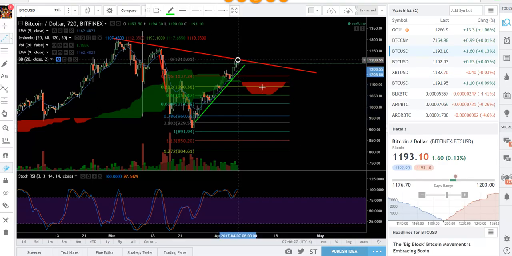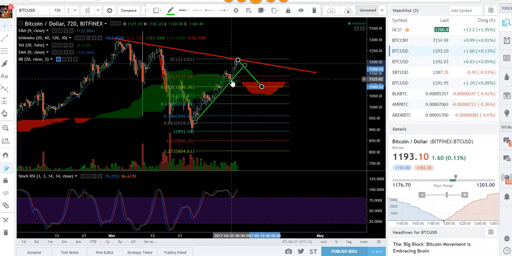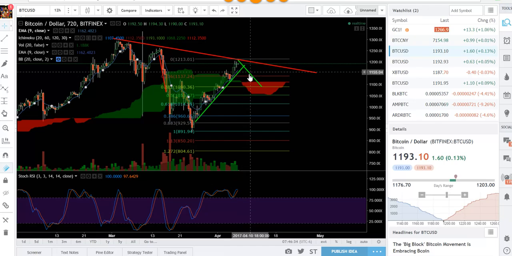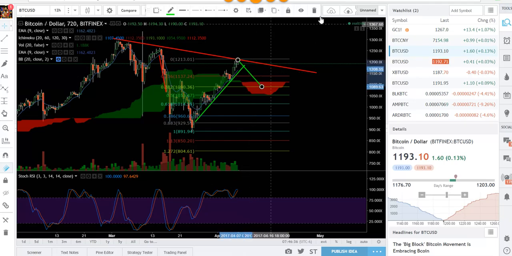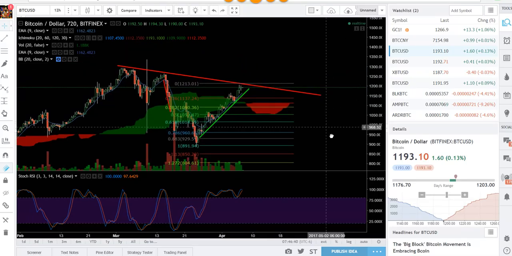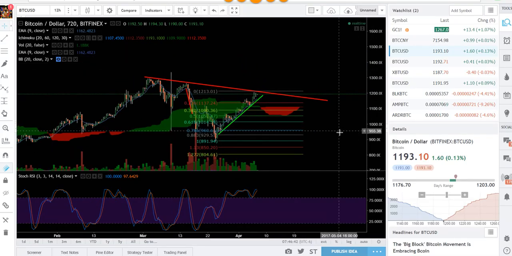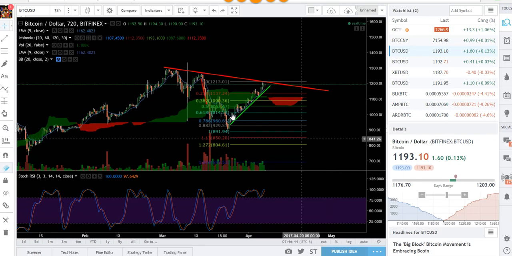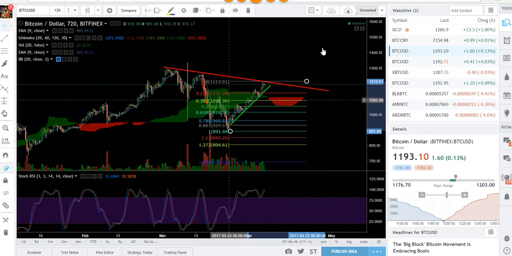Whether it's here or from up here, when this does break this green line right here, and it starts to consolidate or retrace, I can almost guarantee you that the alts will pop right back up and bounce off of their support trends or their retracement levels.